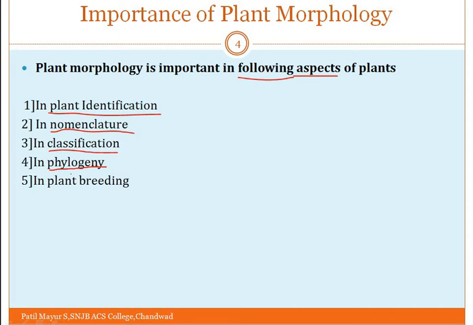And the last one is plant breeding. So there are five different aspects in which the study of plant morphology plays a very important role. We will discuss them one by one.